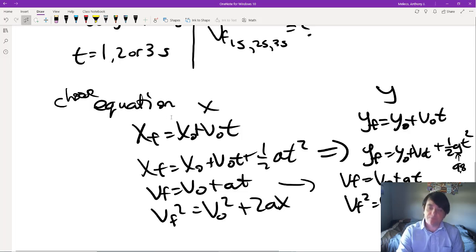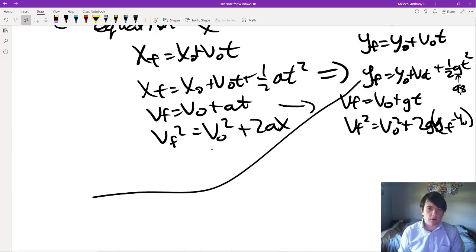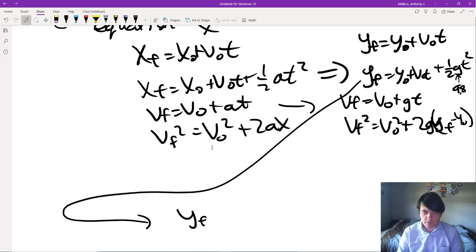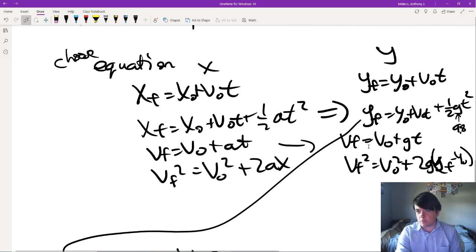But same equations. For this one, I think I want to use this guy because it has time and it has acceleration. The ones with v final, we don't know.